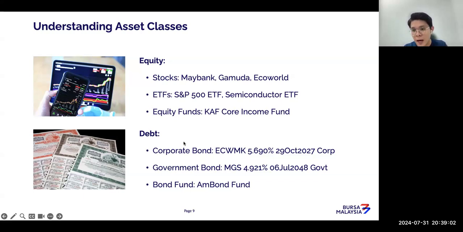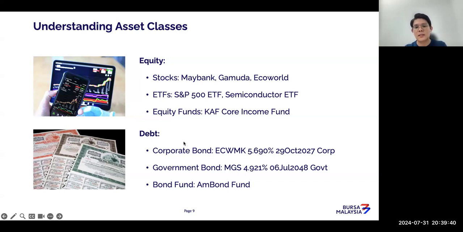If you want peace of mind and don't want to trade yourself, because some of us have limited time to access the market, sometimes after work we do not have enough time to trade, look at the market, or monitor our portfolio, a better way is to pass our money to a fund manager or advisor to manage our portfolio. So we can buy equity funds, like the best performing Malaysia fund in the past few years, the CAF Core Income Fund. This is an example of an equity fund.